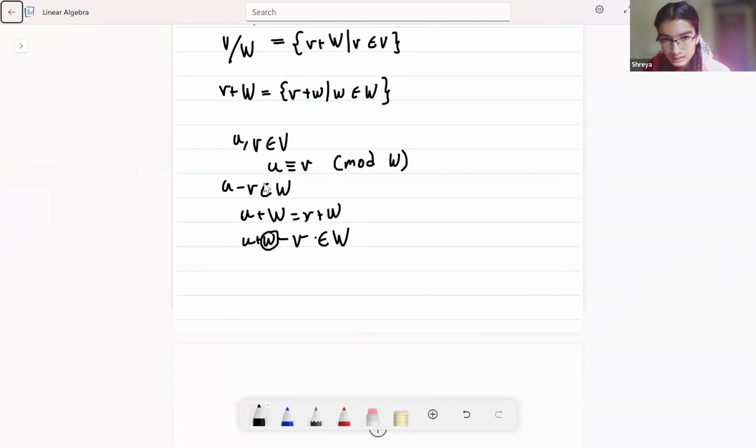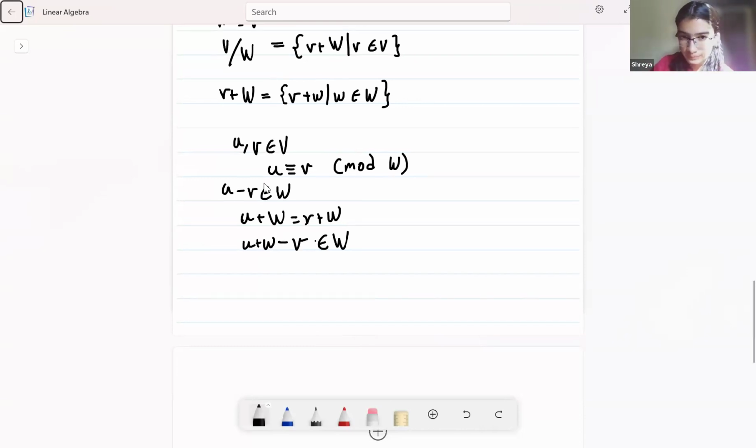Because this thing is in the space and u minus v is in the space, so you can add them up because W is a subspace and it will belong over here.